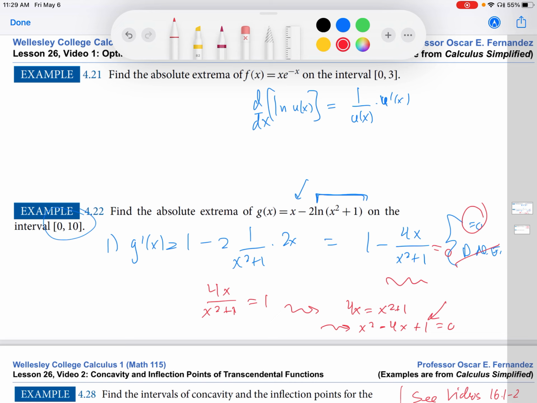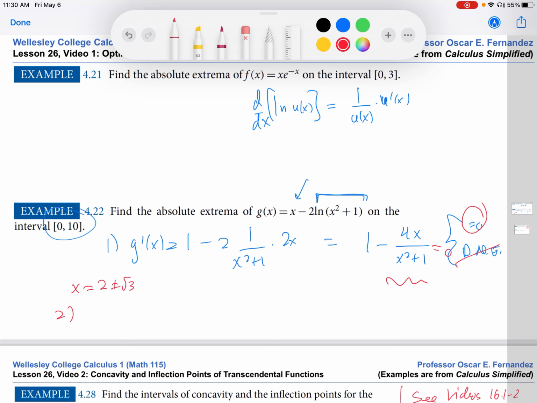The factors of 1 are 1 and 1, and those two do not add up to negative 4. So I'm going to use the quadratic formula here just to save time on this video. If you do that, you end up getting x equals 2 plus or minus square root of 3. Great. So those are my only two critical numbers in this problem.